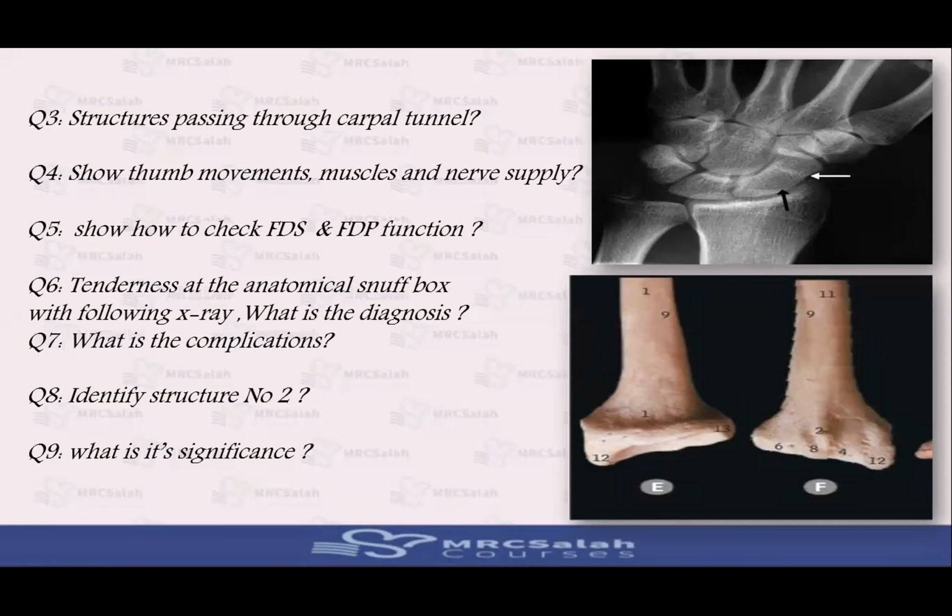It's passing through, yes. Can you tell me the thumb movements, muscles and nerve supply for each? Movement: abduction, adduction. For each movement, what is the muscle and what is the nerve supply of this muscle? Abduction, abductor pollicis longus, and the nerve supply is ulnar nerve.